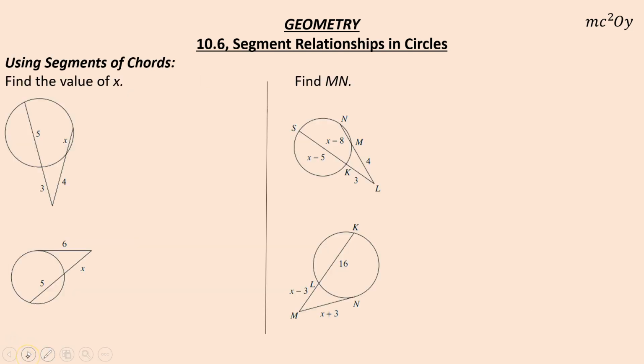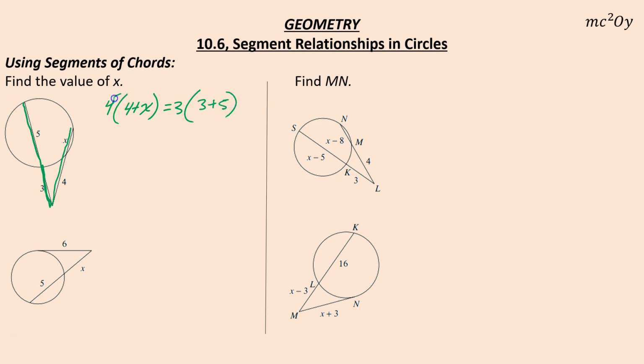All right. So let's apply that there. Find the value of x. Well, so this says 4 external times the whole thing, which is 4 plus x, equals 3, the external, times the whole thing, 3 plus 5.